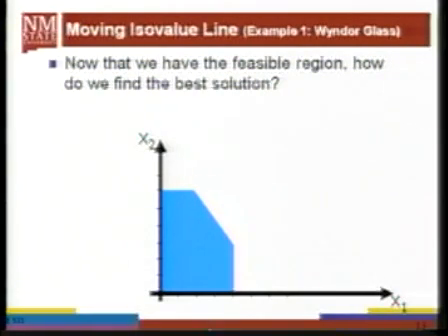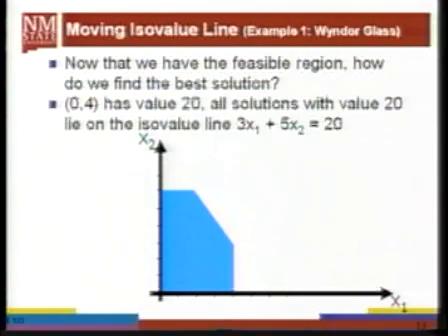So to draw an iso-value line, you need to choose any point in the feasible region and calculate its z value, the objective function value, okay? So, for example, let's choose point (0, 4). For the point (0, 4), the corresponding z value is going to be 20, right?